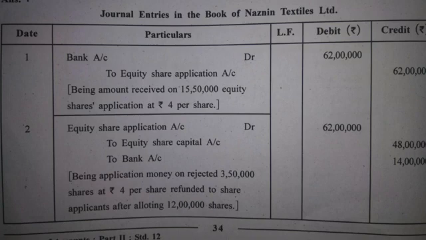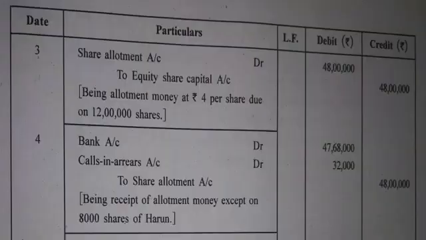The application money received on remaining 12 lakh equity shares is to be transferred to equity share capital account, and the journal entry for which is equity share application account debit to equity share capital account. So if you combine these two journal entries, this is the single journal entry. Yes? Hope I'm clear?